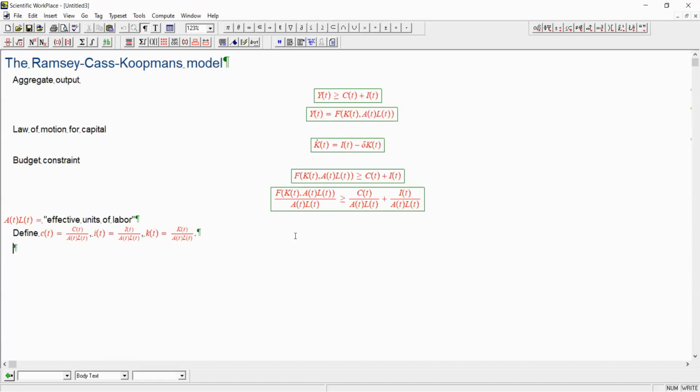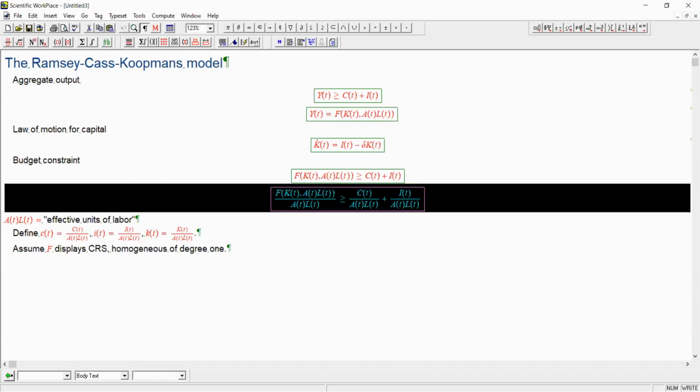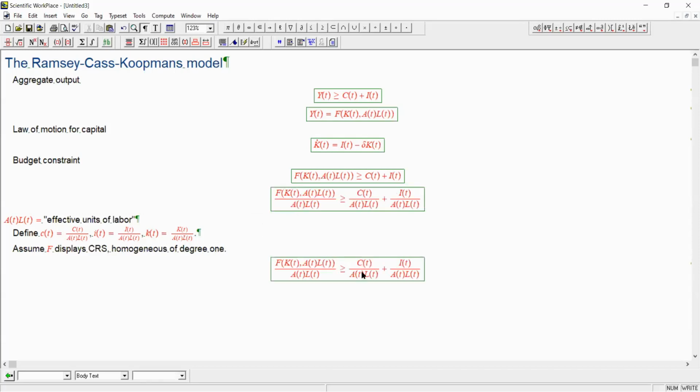Second, we're going to assume the production function F displays constant returns to scale, or another way to put it is that it's homogeneous of degree 1. So then what happens? Well, this is just small c. This is just small i.